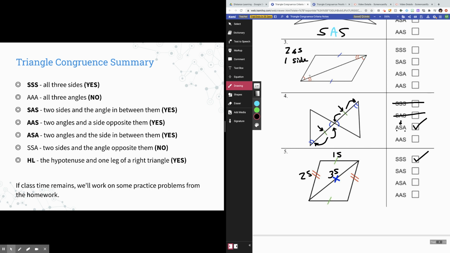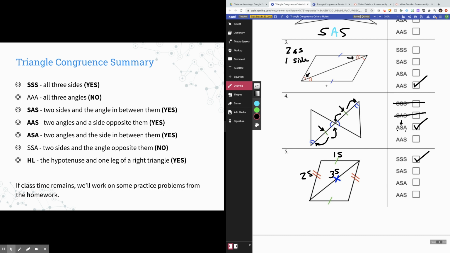I have two angles and then this side, but the side is off to the side. It's not trapped between them. So just based on the diagram with what is marked right now, I would check AAS, because I have two angles and the side that is not trapped in between them.